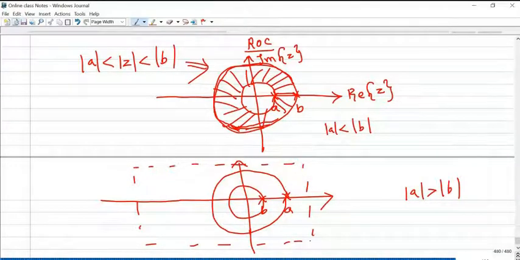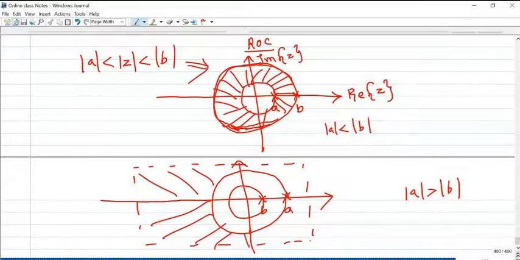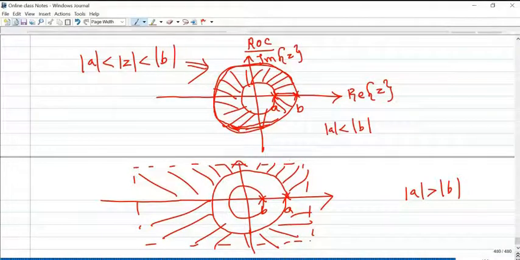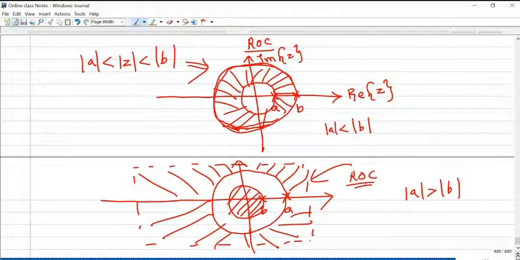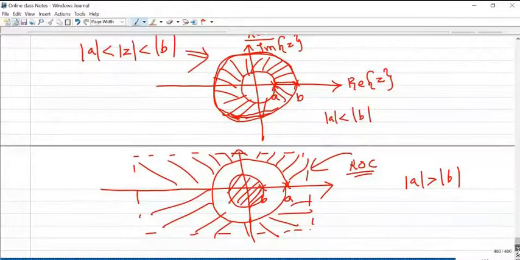The radius of the circle with a, this one. So greater than a meaning you have to show like this. And less than b meaning inside the circle. So this is the case. Z greater than a, less than b. So there are two cases possible.